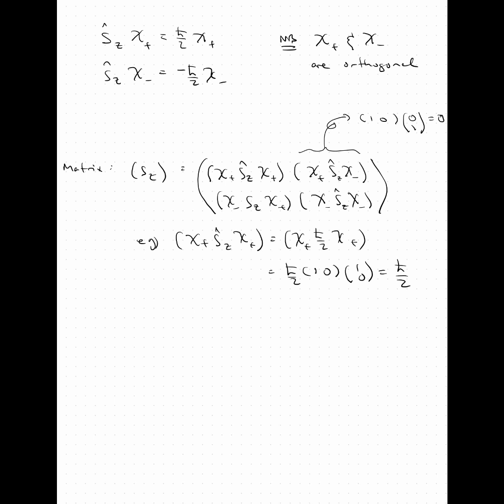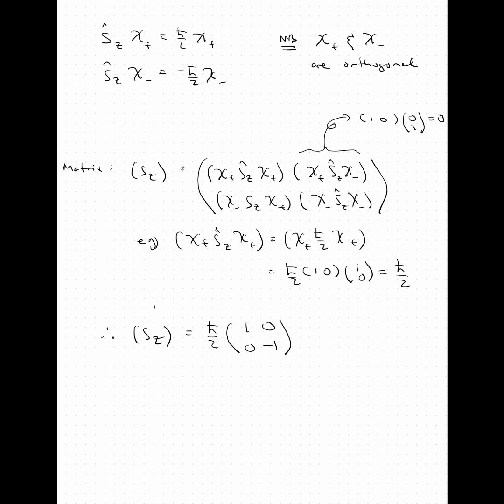So that's how you calculate that. If you continue doing these calculations, in the end you end up with the Sz matrix being equal to h bar over 2 times the matrix 1, 0, 0, minus 1.